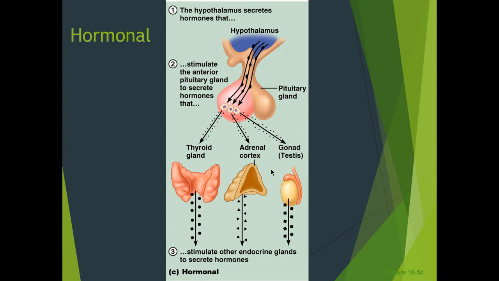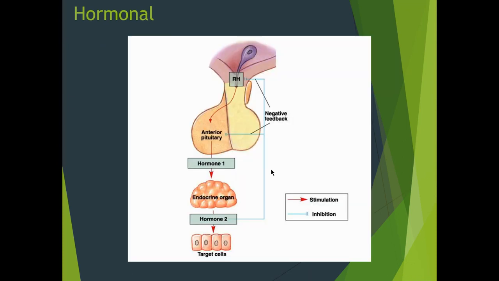And then those glands release their other hormones. So who's in control of the thyroid gland? It's actually the hypothalamus. The hypothalamus releases a hormone, and then the pituitary releases a hormone. So the thyroid gland is hormonally regulated. So three different ways in which they're regulated.